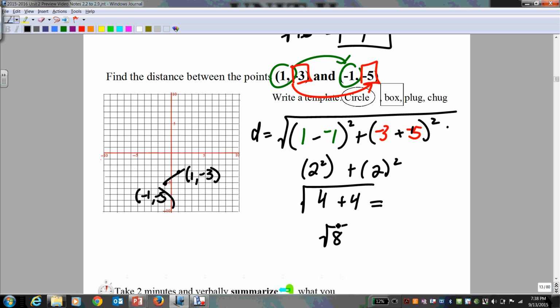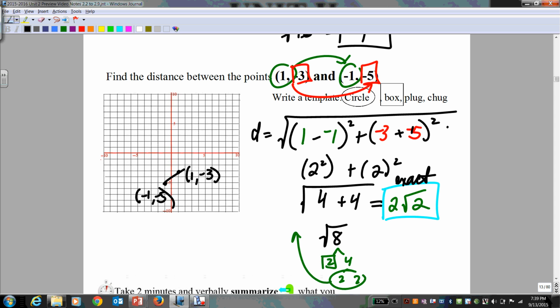This is the square root of 8, and I can simplify it. 2 is going to come out, which is actually 2 root 2. If I ask you for exact simplified form, that's the form I want.